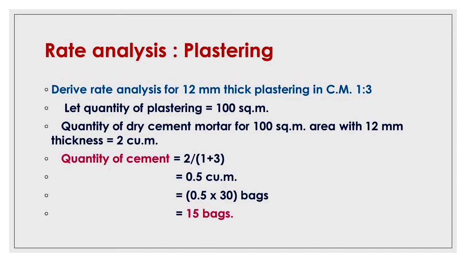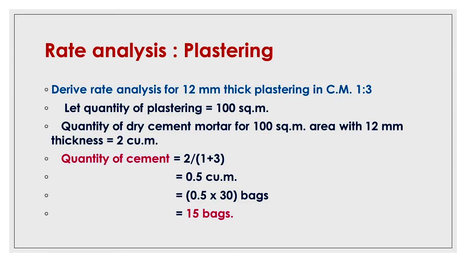If the area of plastering is 100 meter square and plastering thickness is 12 millimeter, then the quantity of dry mortar required for this area of plastering is equal to 2 meter cube. Please remember this very well. Quantity of dry ingredients of cement mortar is equal to 2 meter cube.